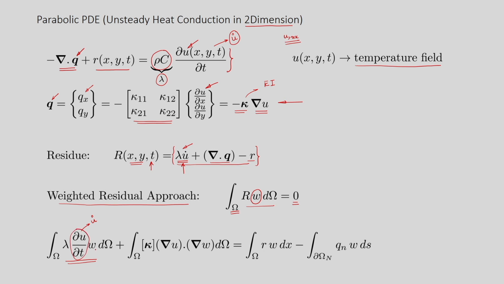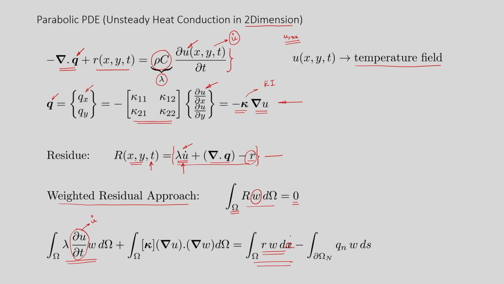So, lambda u dot w, that is the first term that we got from here, and the last term, that is r into w d omega integration over the domain, that is basically minus r w d omega. So, that is written in the right hand side here, r w, this should be d omega.